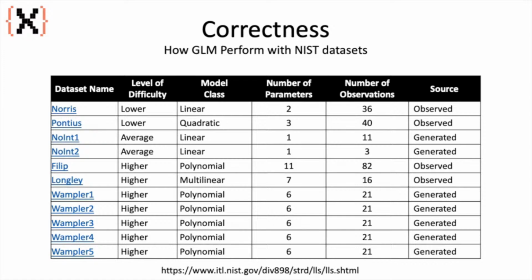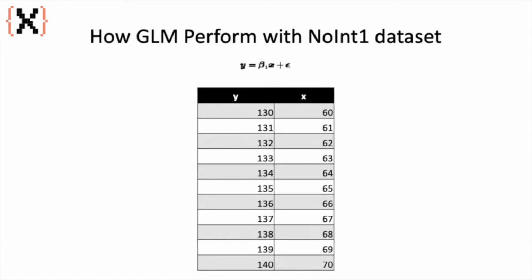NIST, the National Institute of Standards and Technology, archived a set of 11 datasets with corresponding linear models and certified estimates. NIST claimed that the certified values are accurate to the last decimal places. We have tested both R and Julia LM functions with these datasets. Now let us take one from the list, which is NoInt1, a dataset where the corresponding model does not have any intercept term.